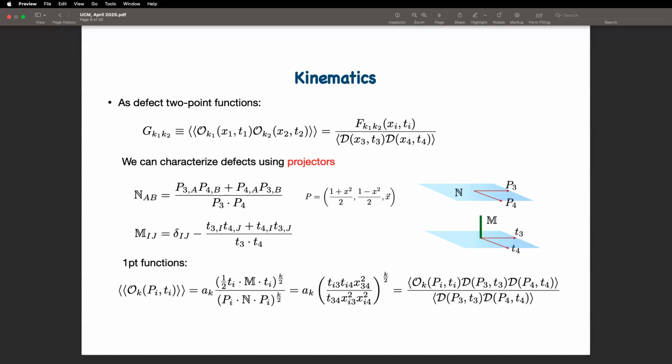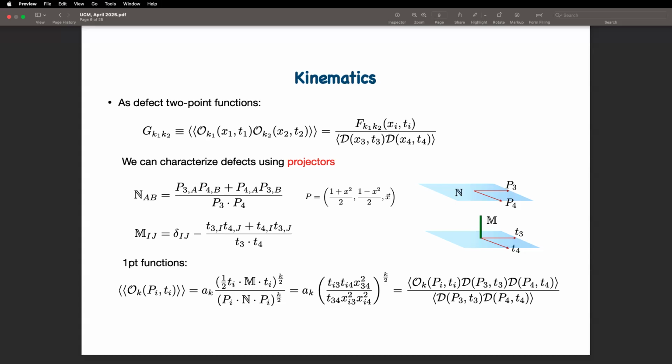Now, using these projectors in embedding space, you can easily figure out, let's say, the one-point function. In embedding space, these operators are defined projectively. You can rescale P by lambda, then O of lambda P is the same as O of P, but you need to multiply that by lambda to the minus K, and similarly for the R-symmetry part.